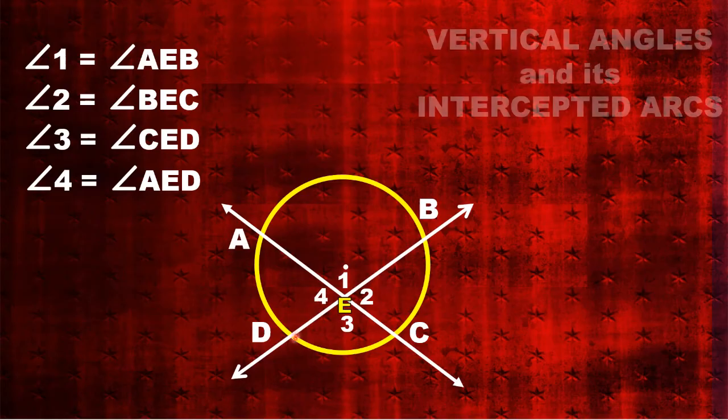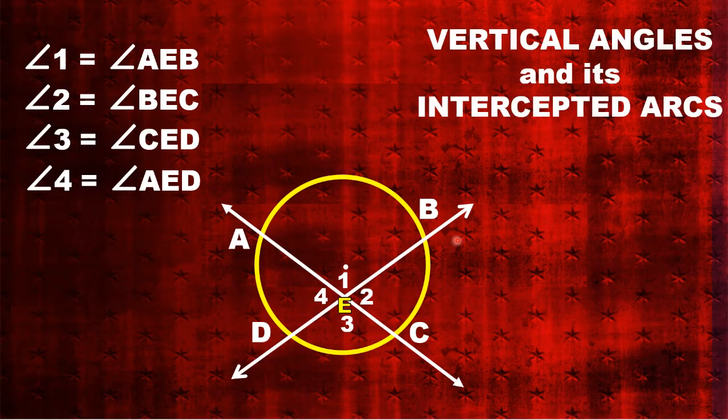Ayan. Now, let us identify the vertical angles and its intercepted arc. Dapat alam natin kung sino yung mga magkaka-vertical angles. Angle 1, ang ka-vertical niya ay yung angle 3. Remember that vertical angles do have the same measure. At ang kanilang intercepted arcs, para kay angle 1, ito yun, yung intercepted arc niya, di ba? So, arc AB.